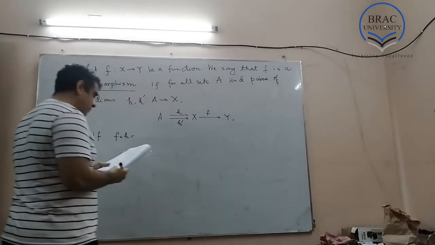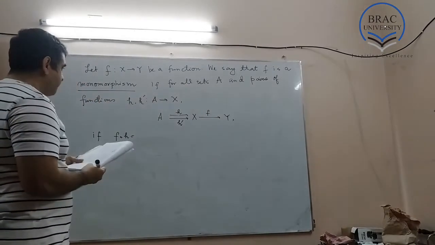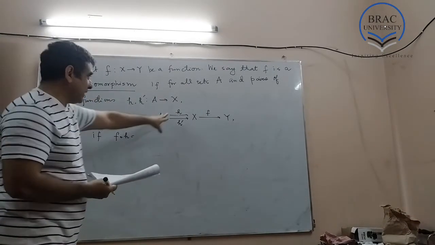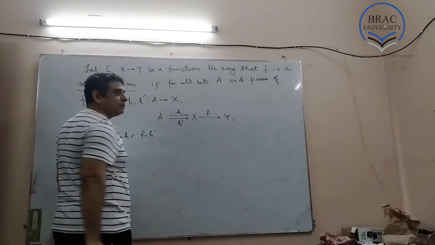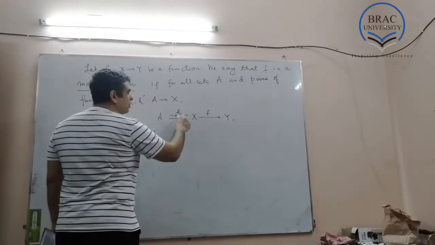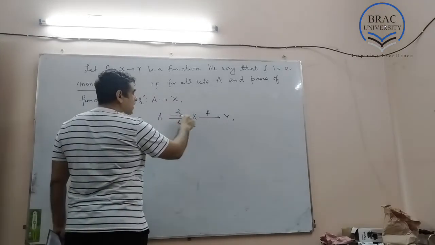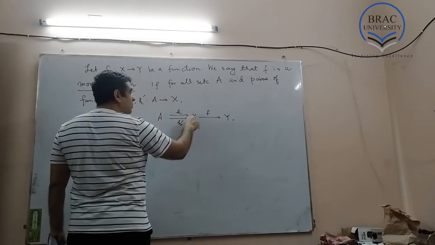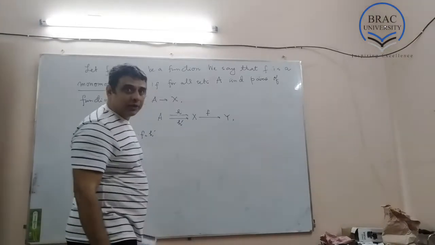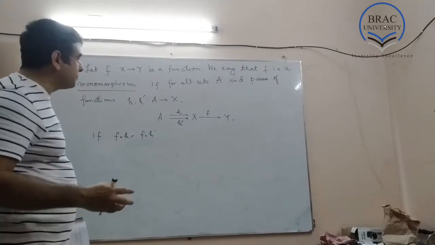I'll correct them, so that f composed with h is the same as f composed with h prime, meaning that this diagram continues. You can go from A to Y via two different paths. One is via h and then f, and the other is via h prime and then f.